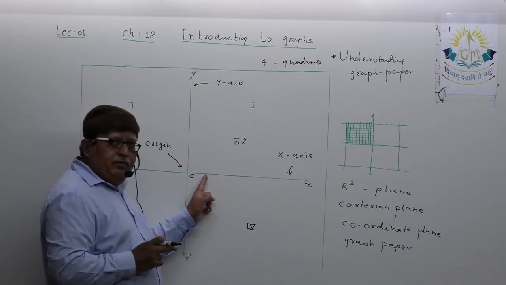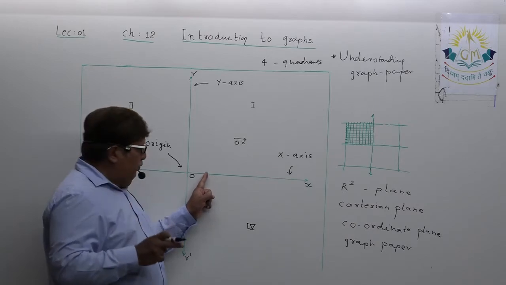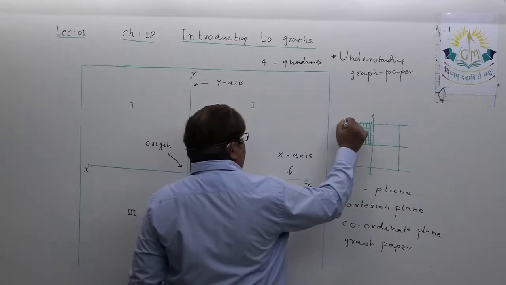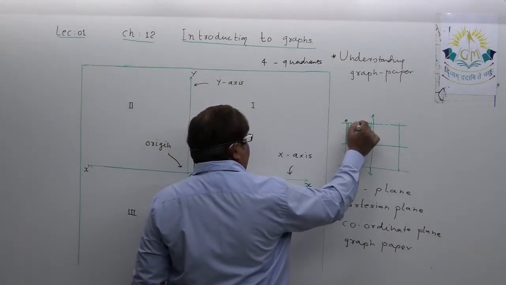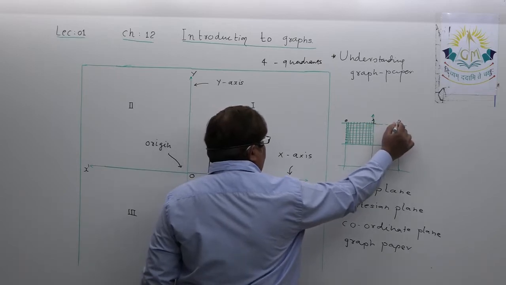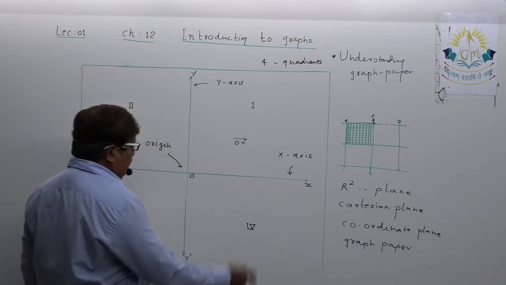Starting from the origin, dear student, here also be very conscious. When you write a number, it has to align with the hard line. Suppose 0 is here. So I do not have to write 1 anywhere in between. Here 1, here 2. Your number has to align with the hard line.